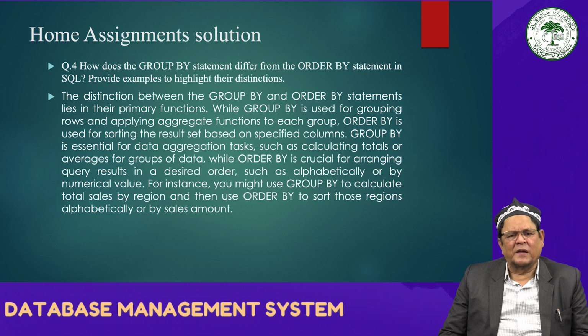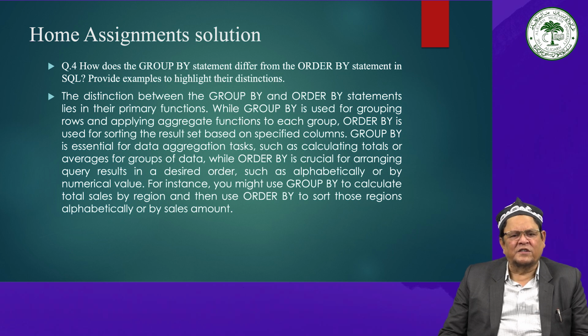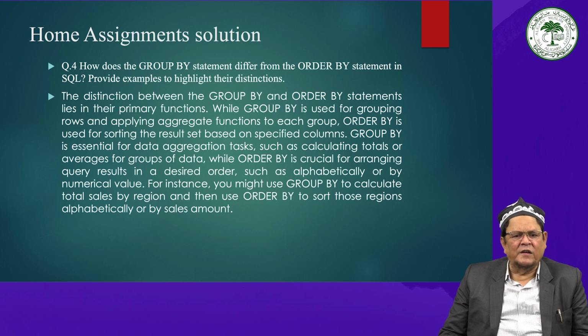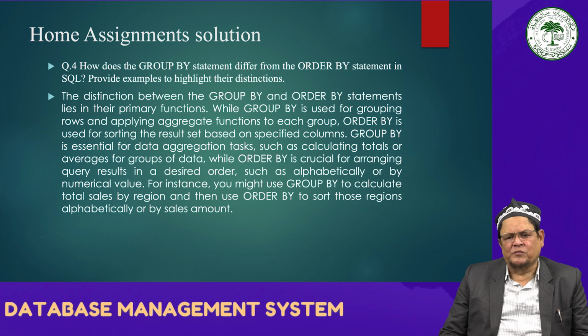How does the group by statement differ from the order by statement in SQL? Provide examples to highlight their distinctions. The distinction between group by and order by lies in their primary functions. While group by is used for grouping rows and applying aggregate functions to each group, order by is used for sorting the result set based on the specified columns.